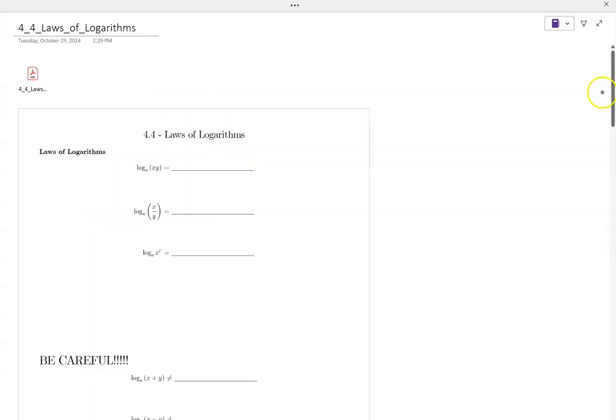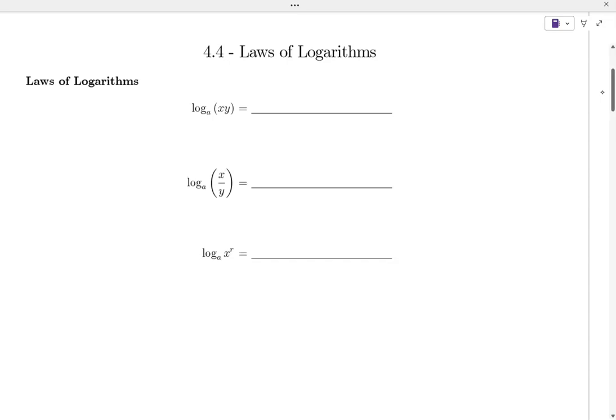All right. So we had some laws of exponents that we talked about. We also have some laws of logs that go along with them. So remember that logarithms, again, are exponents, right? What do you do with exponents when you multiply two things together? Add them, right?